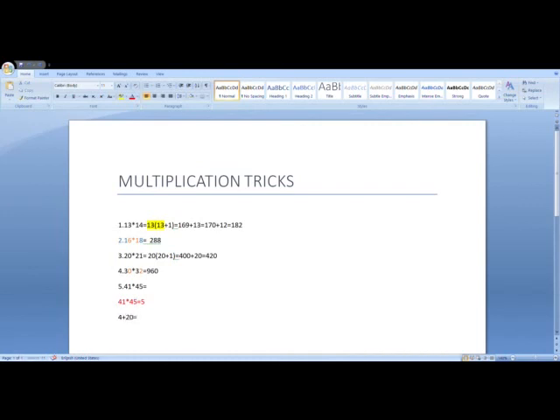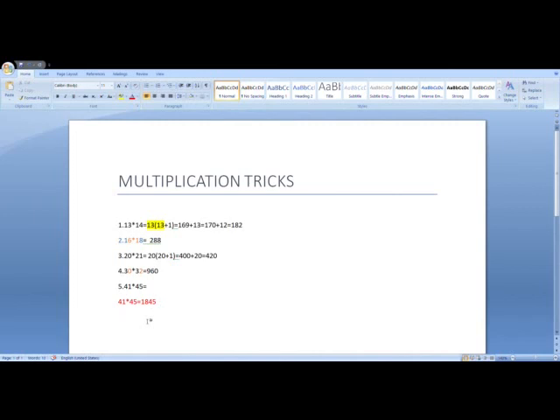So 24 we get. Don't write 24 as it is. Just write 4 here and 2 will be in the carry position. Now the first terms: 4 into 4 is 16, and the carry is 2, which is 18. Just write it as 18. So 1845. I think the trick is very easy.